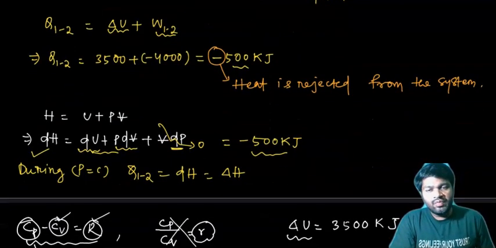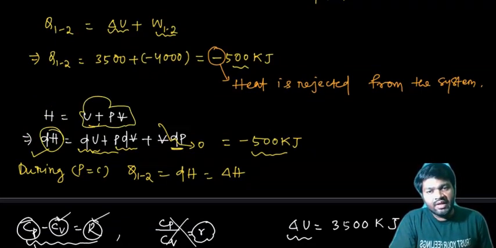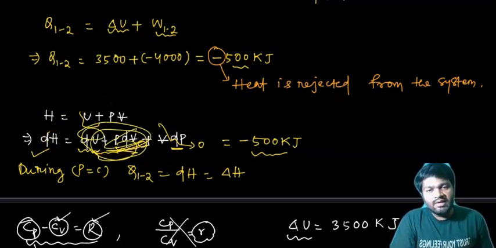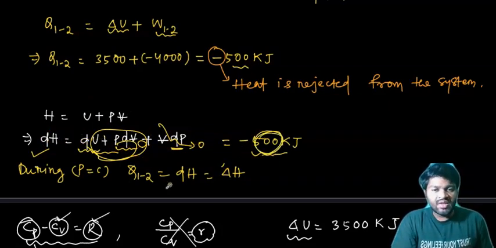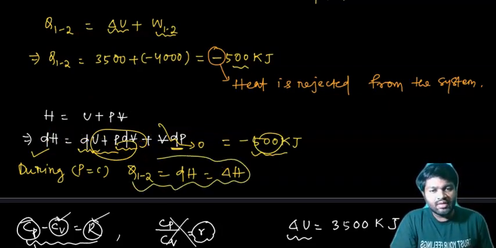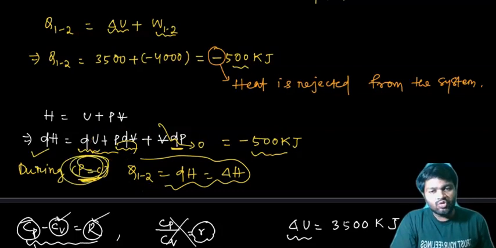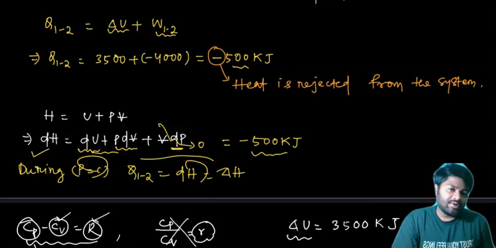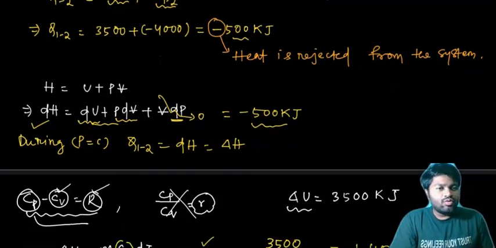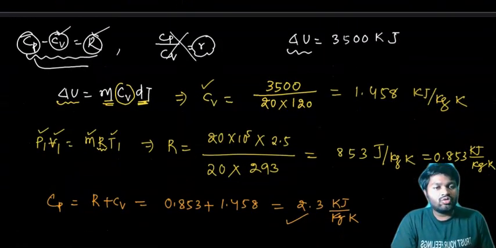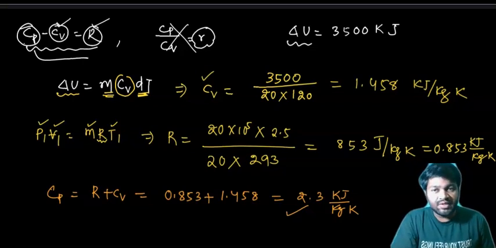And now this is the equation for your enthalpy, H equal to U plus PV. Taking the differentiation, again you get the same equation, and from here you can find out the value of enthalpy change. From here you can conclude that for a constant pressure process, your heat interaction will be equal to change in enthalpy, right?